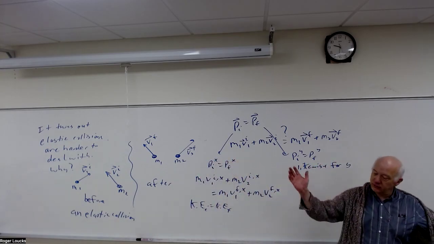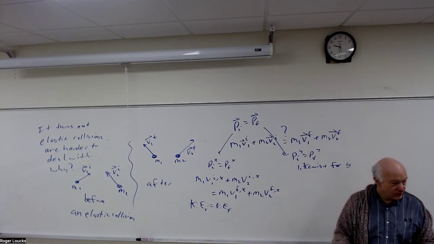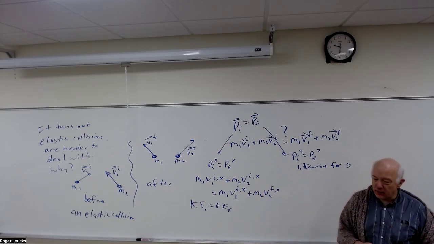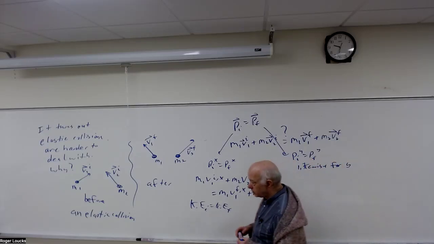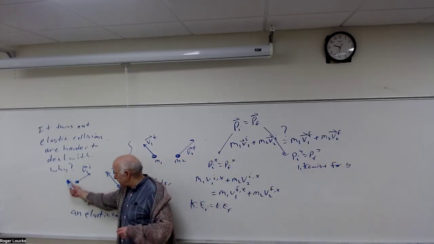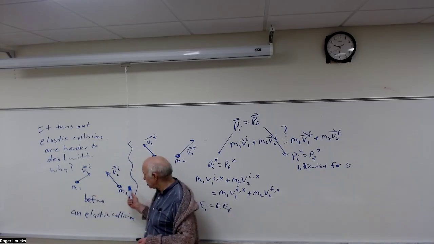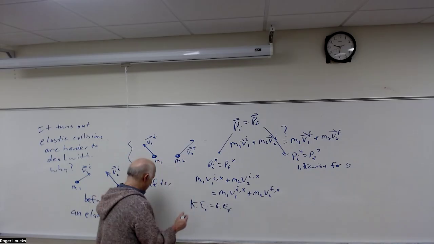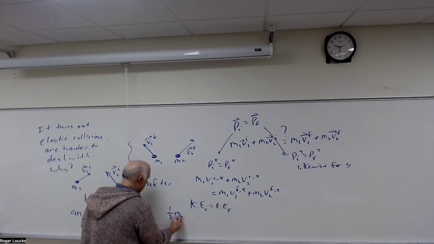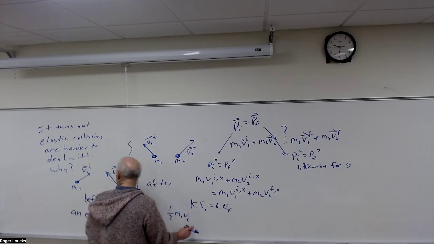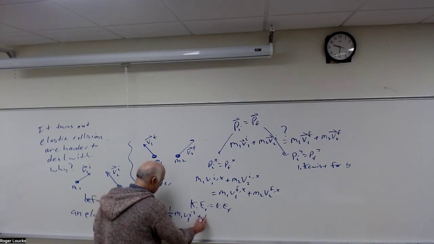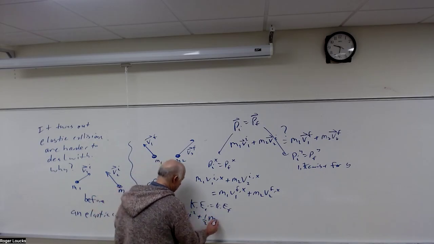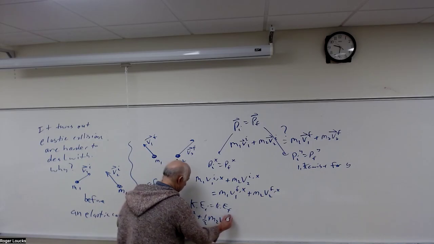So what is your initial kinetic energy? What is kinetic energy always? 1/2 mv squared. So what is my initial kinetic energy? Kinetic energy of this plus the kinetic energy of this. So I have 1/2 m1 v1 initial squared plus 1/2 m2 v2 initial squared.